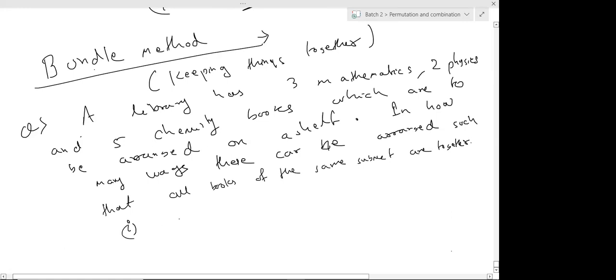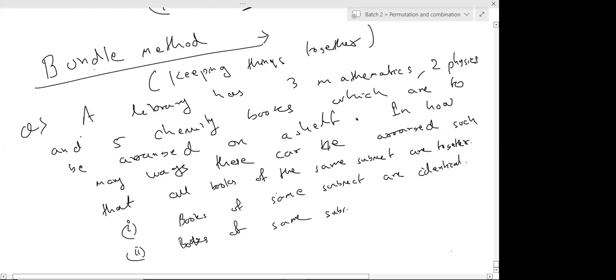Right, first part says books of same subject are identical. The second part, books of same subject are not identical.